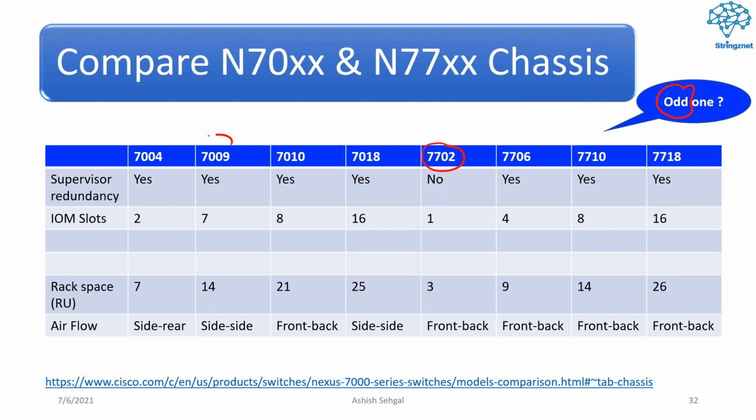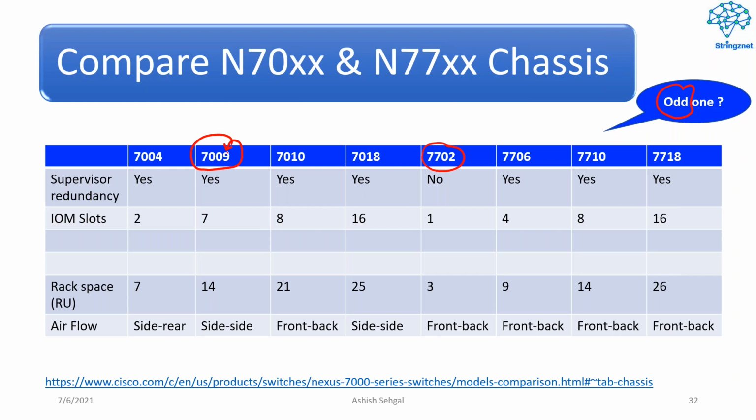Guys, don't you think this is an odd number? Yeah, it should be 8 at least. It should have 8 ports, like Cisco usually gives the 4 slot, then 8, then 12, then 16. Right. And this switch model is ending with 9, and 9 is an odd number.